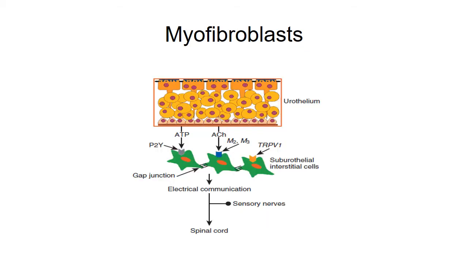This is a picture showing the myofibroblasts. The myofibroblasts or the suburothelial interstitial cells are seen below the basal layer of the urothelium, which we have already discussed.